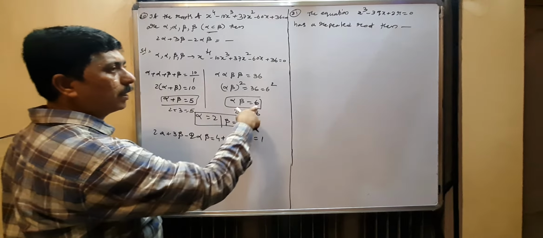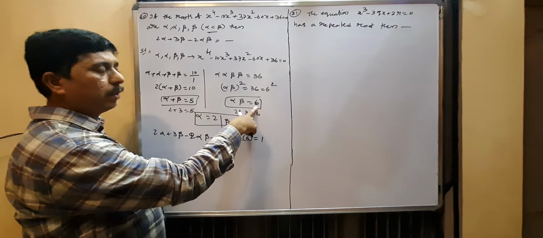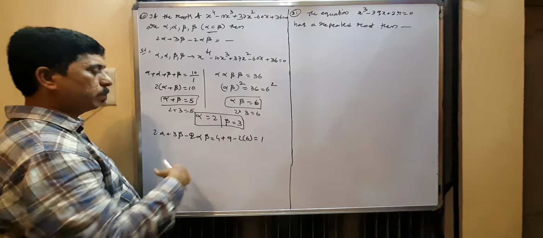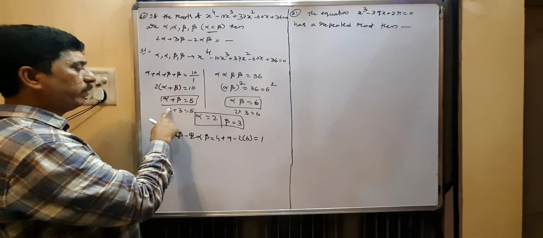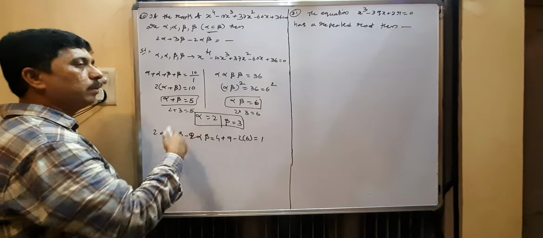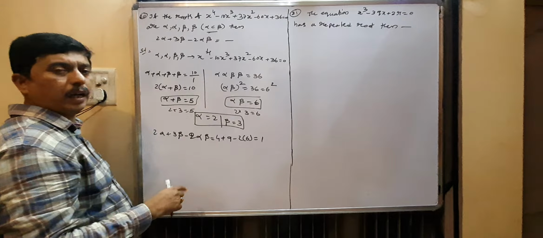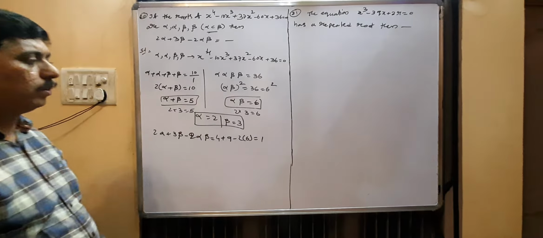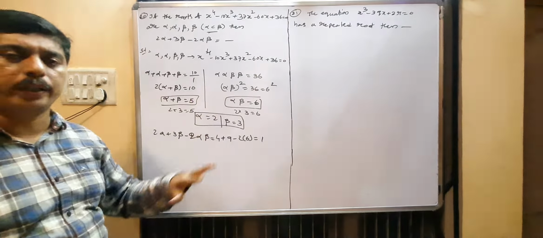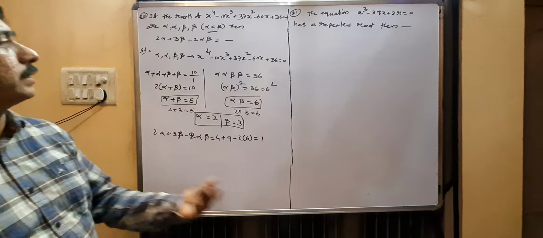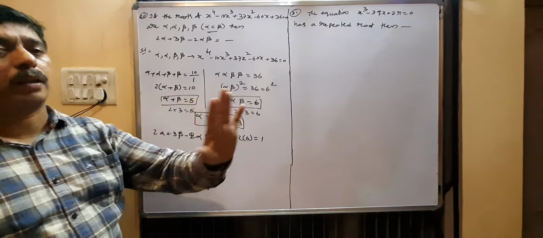Sometimes you can take the plus or minus also. The product of the roots, minus 6, is also possible, but then the factors are different. Alpha beta whole square is 36, that means alpha beta equal to either plus 6 or minus 6. They have not given that alpha and beta are positive roots.